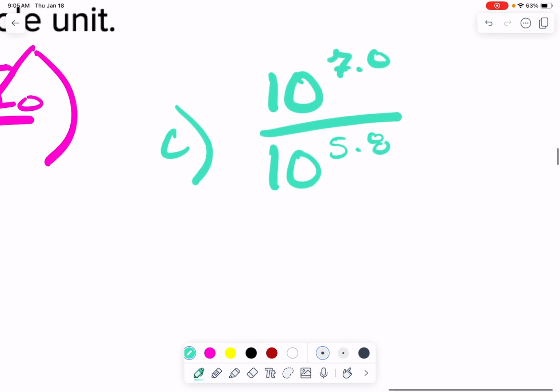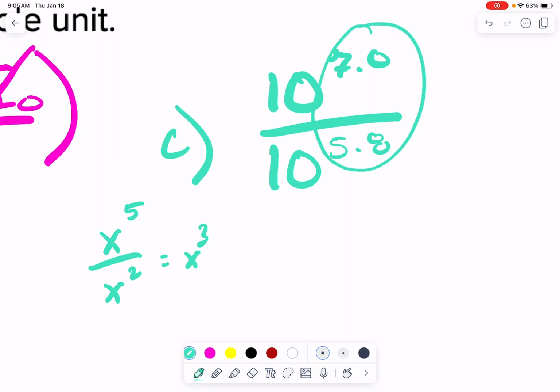Now, when you're dividing those, I'm going to subtract those exponents, like x to the 5th over x to the 2nd power, right? I subtract those, and that's x to the 3rd, right? So I'm subtracting these exponents up here, and if I do that, I get 10 to the 1.2 power. If I take 7.0 minus 5.8, that's 1.2.